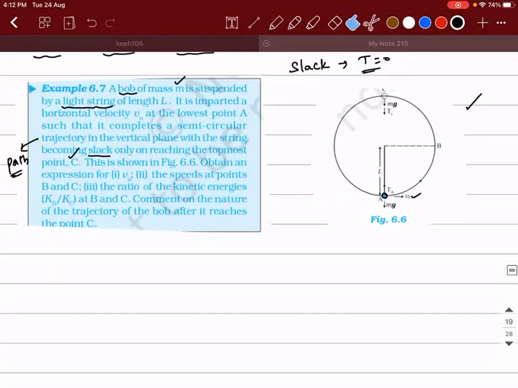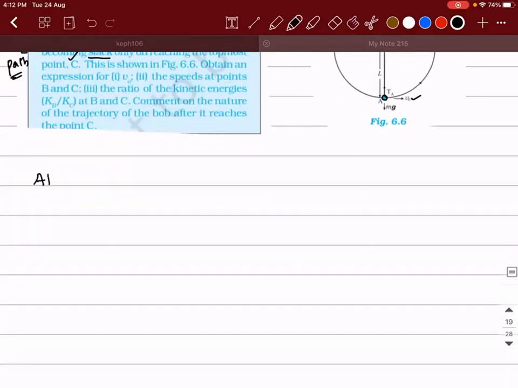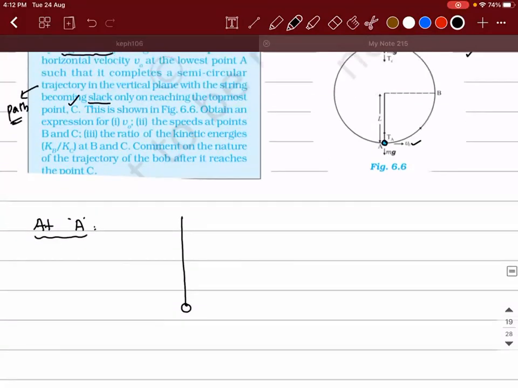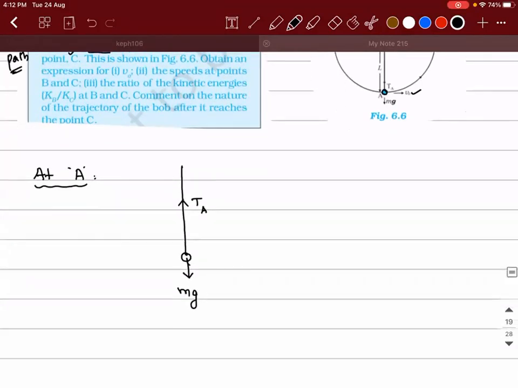Now tell me what is happening at point A. So if I draw a free body diagram, what do you mean by free body diagram? This is a diagram which consists of only the string and the bob. So can I say that the tension at this point, if I call it TA, it is acting because of the weight acting in the downward direction, and in this direction there is a velocity v0, right?